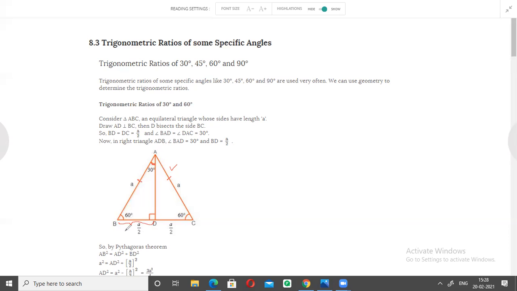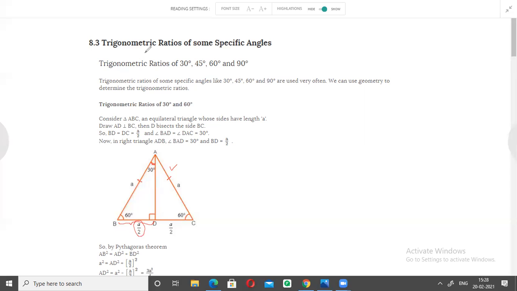Now the base is BD, which is A by 2. Now how to find out the altitude? Again we can use Pythagoras theorem. AD square is equal to A square minus A by 2 the whole square.